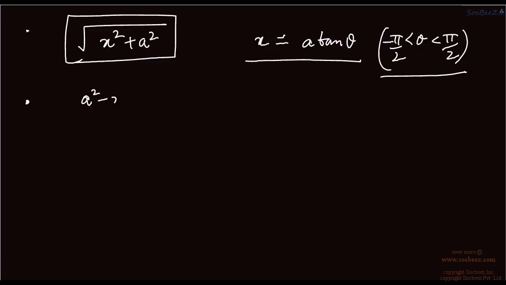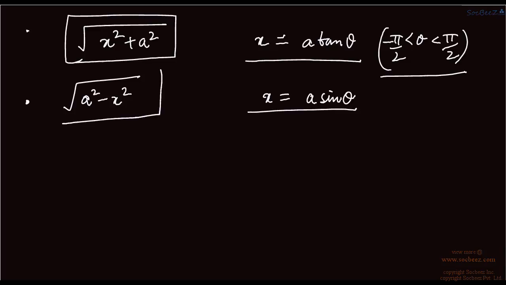Similarly, if you have something like root of a square minus x square, then put x is equal to a sine theta. Why? Because this will convert this root into a perfect square. Let's put x is equal to a sine theta. It will give you a square minus x square, a square is constant, x is a sine theta, so x square will be a square sine square theta. Let's take a square common, 1 minus sine square theta.